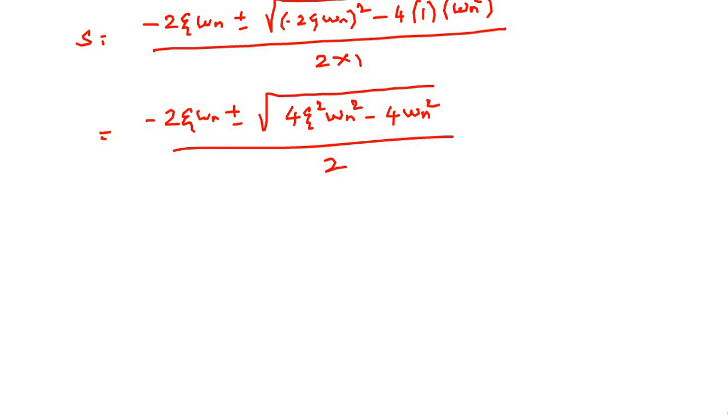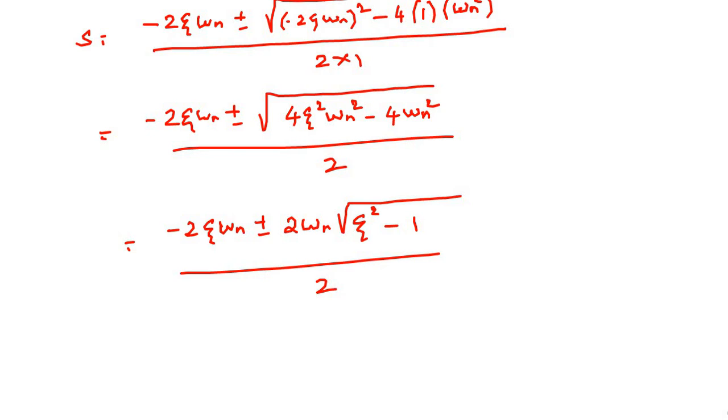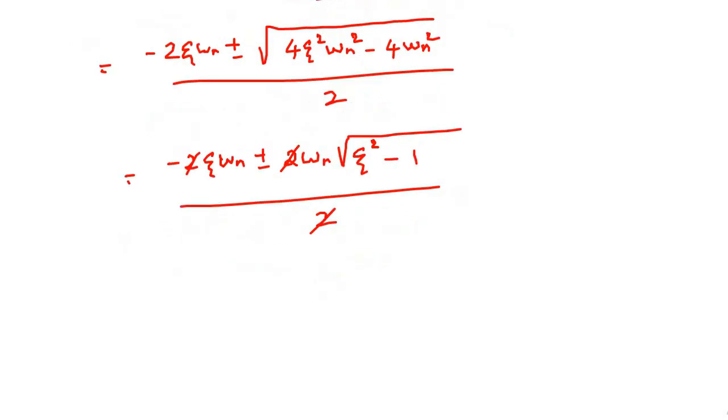When you take them common and get outside of the square root, we'll have 2 zeta omega n plus or minus 2 omega n square root of zeta square minus 1, divided by 2. So 2 can be cancelled, and then instead of writing this as zeta square minus 1, I will write it as 1 minus zeta square. So I will get a minus sign inside that, so I will make it j.